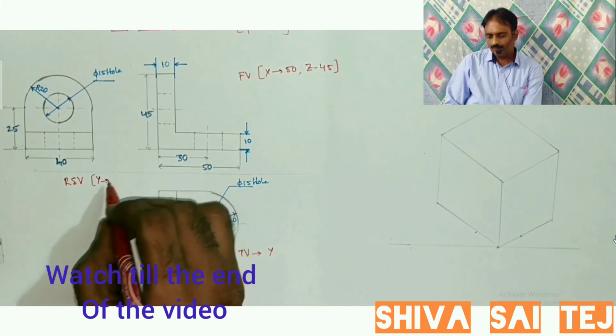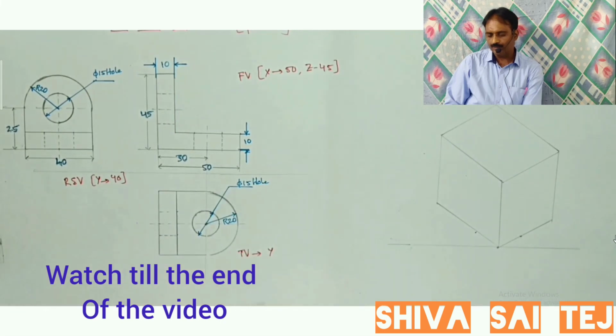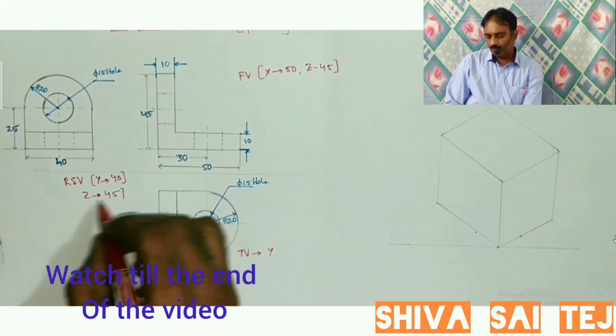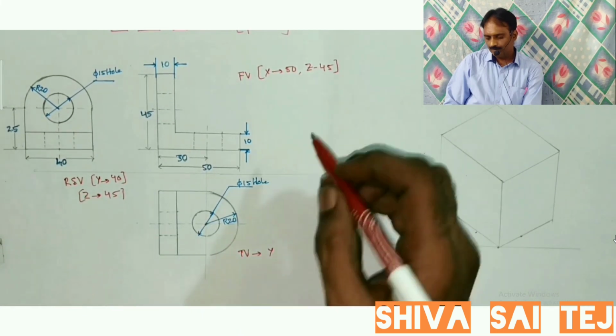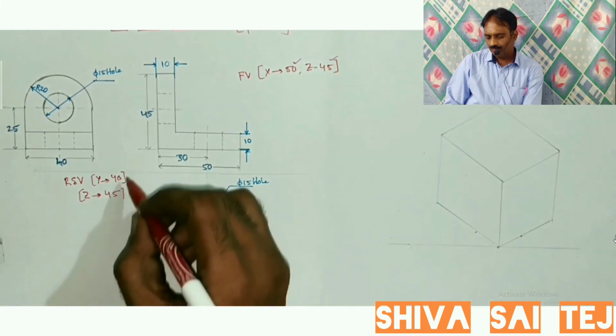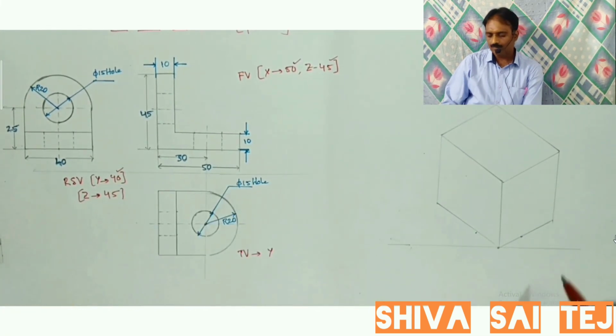So once we have got x, y and z dimensions, we can construct the cuboid. That is y, this is x, and the vertical one is the z axis.